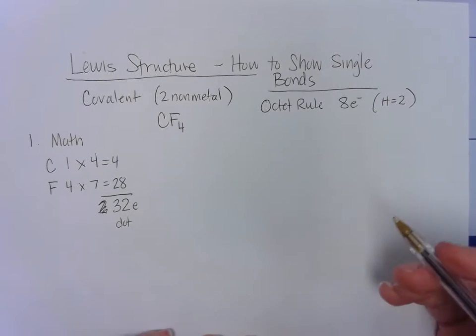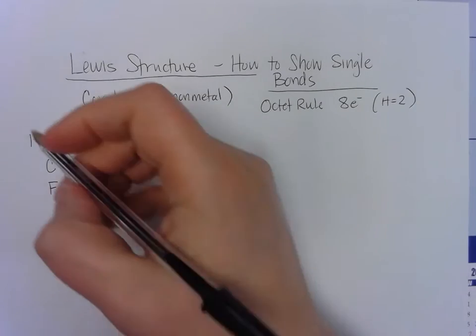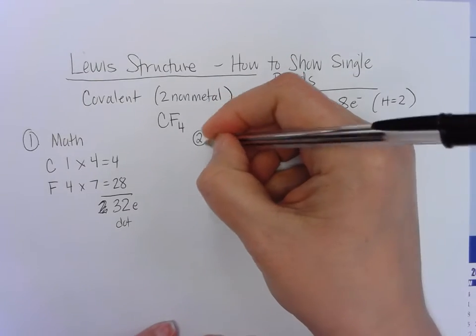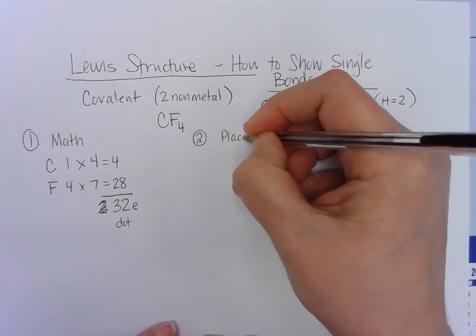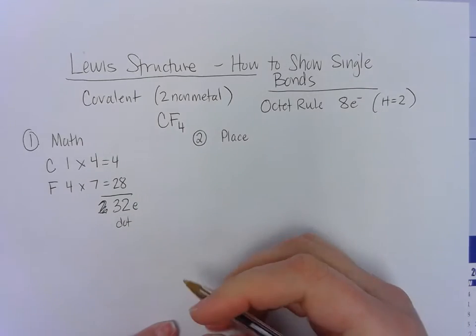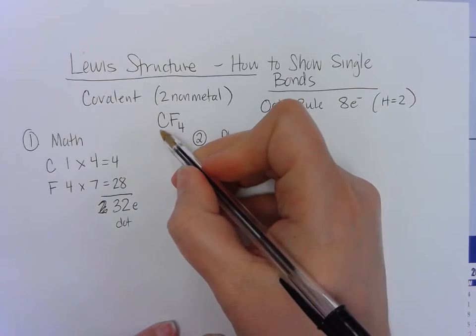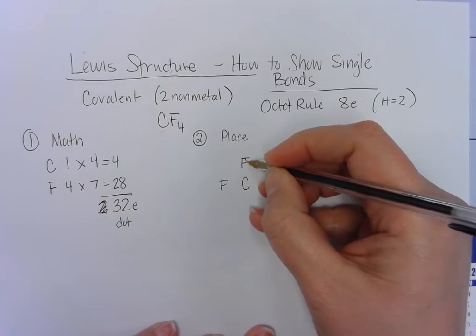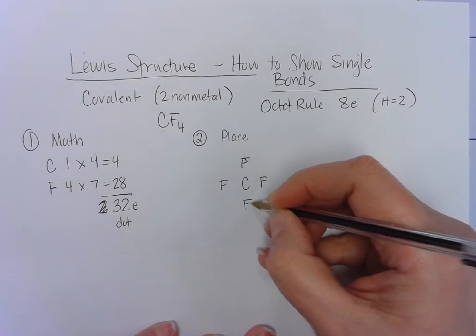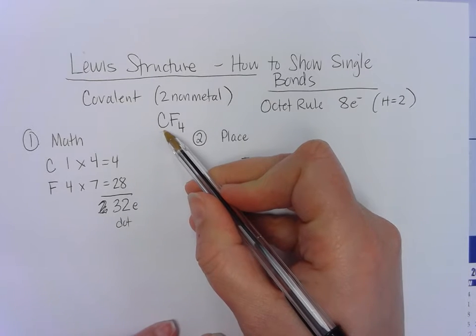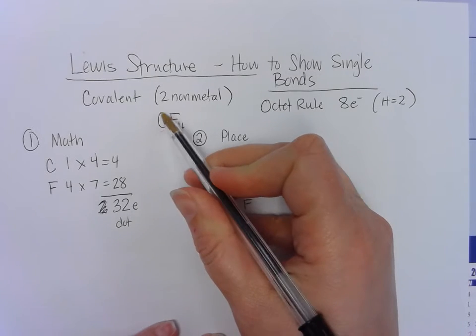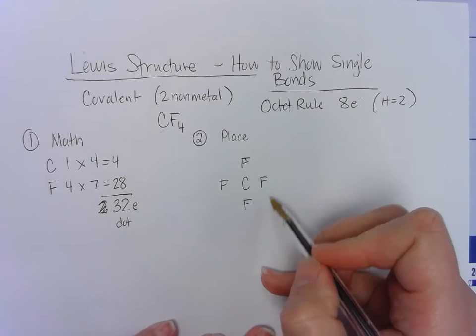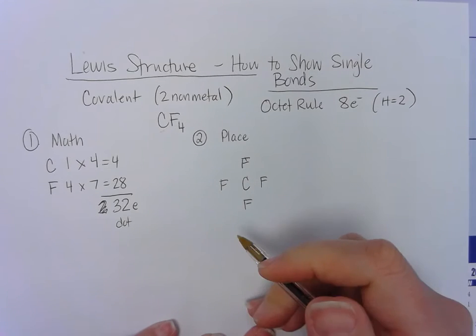Okay? So the next step, we did step number 1. Step number 2 is we need to place the carbon and the fluorines in the correct location. So the first element goes in the center, and then you put the other elements on the 4 sides around it. If you have hydrogen first, it does not go in the center. But because we have carbon first, carbon goes in the center, and then we're going to place our 4 other elements around it.